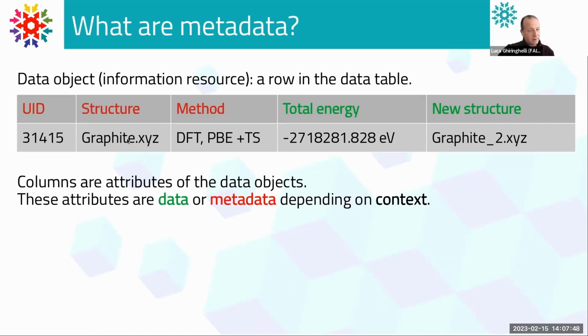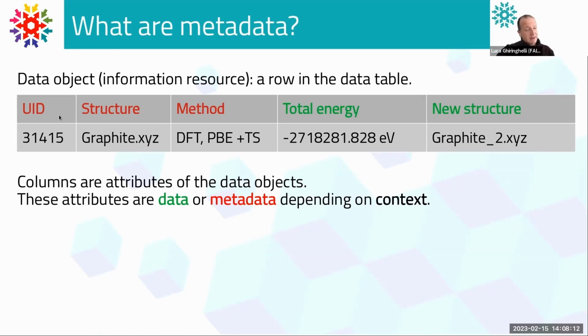Let me try to explain what I mean by context. So here I already added also a new column that is, say, a new structure, because maybe one has done a calculation of some structure, and then as an outcome of this calculation, a new structure has been produced because one has calculated forces and it has modified the structure according to the forces.